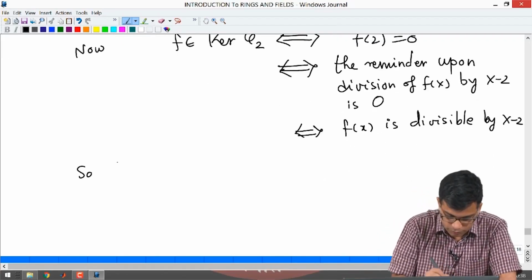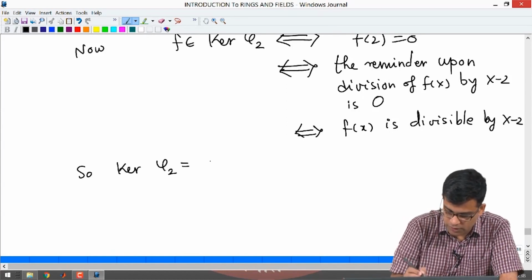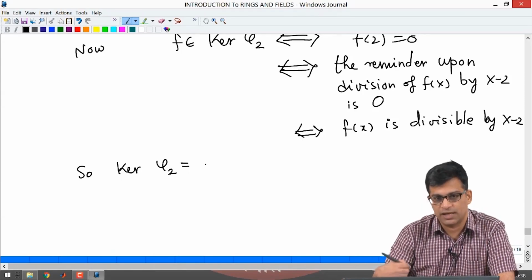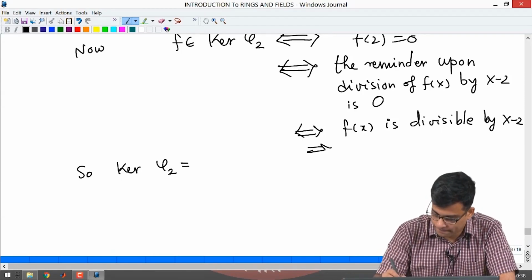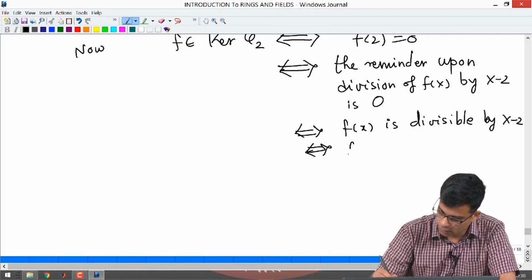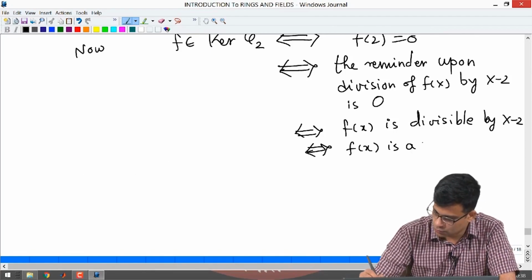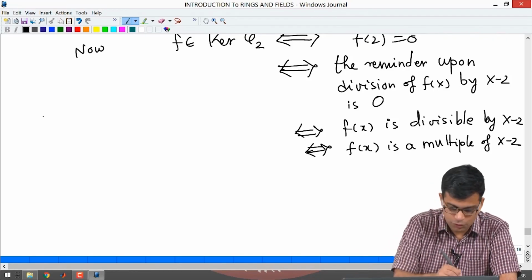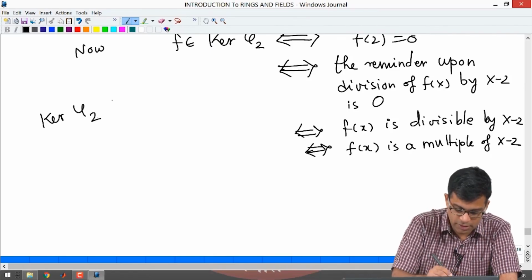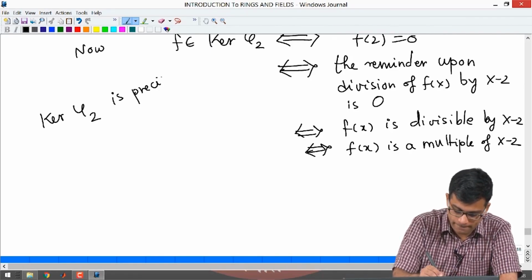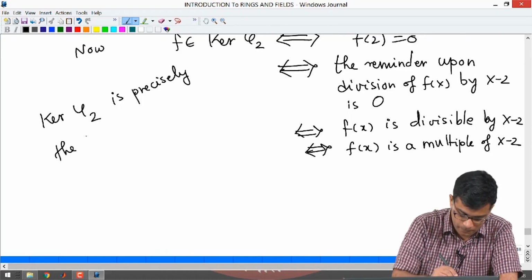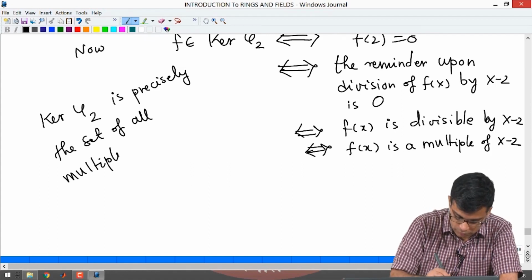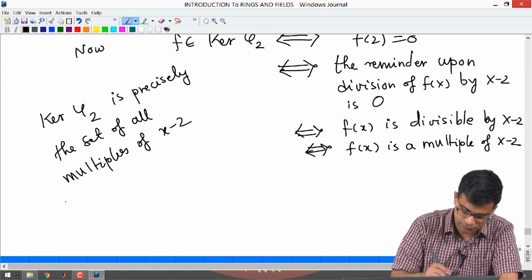So, the kernel of phi 2 is precisely those f(x) divisible by x minus 2, that is another way of saying f(x) is a multiple of x minus 2, right. So, the upshot of all this is that the kernel of phi 2 is precisely the set of all multiples of x minus 2.